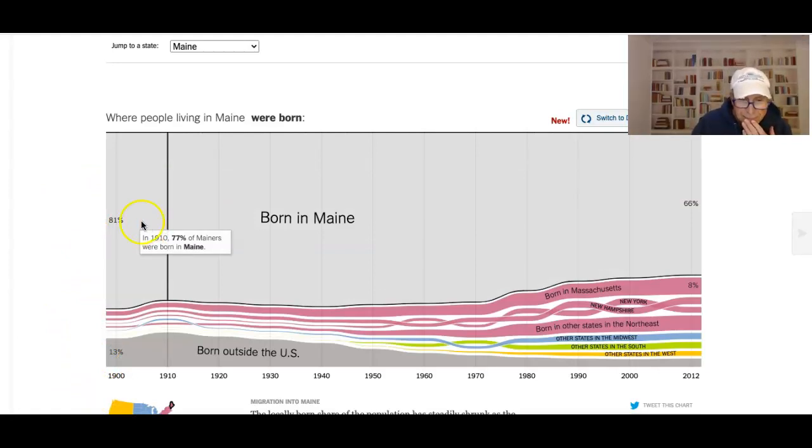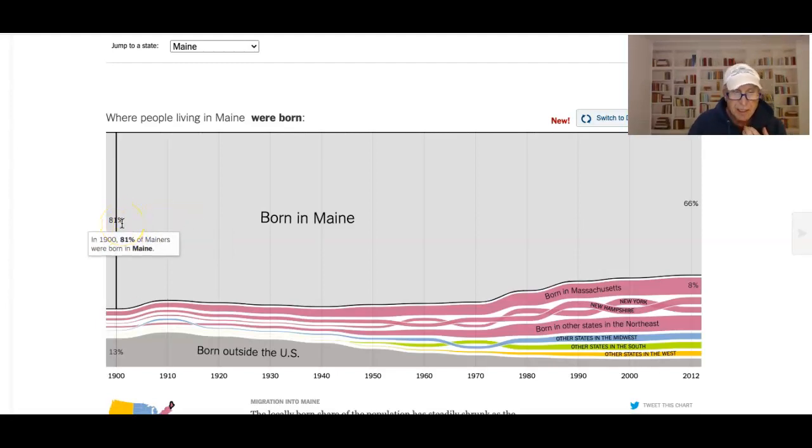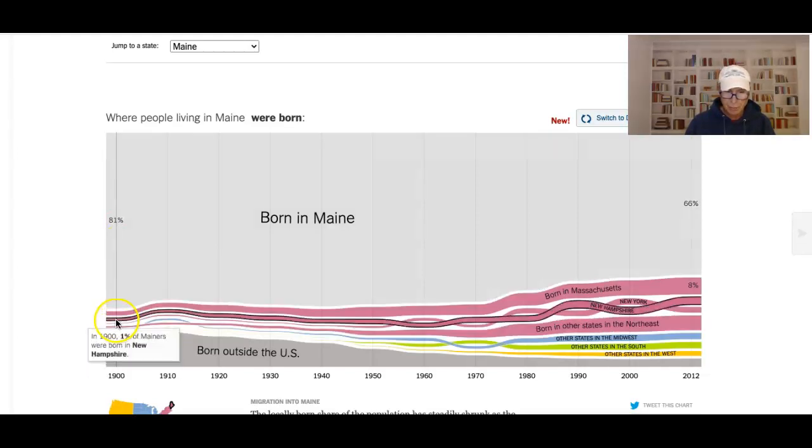Come right over here, we can move the line around. In 1900, 81% of Mainers living in Maine were born in Maine. And you can see more information if you click down below here. In 1900, 1% of Mainers were born in New Hampshire. So curious at this point, I'm saying, okay, what are we measuring?